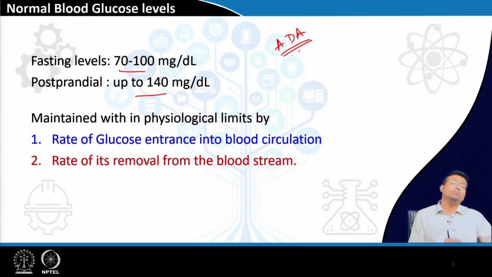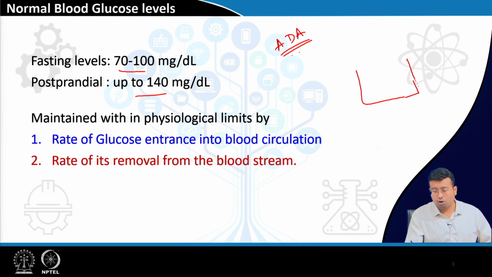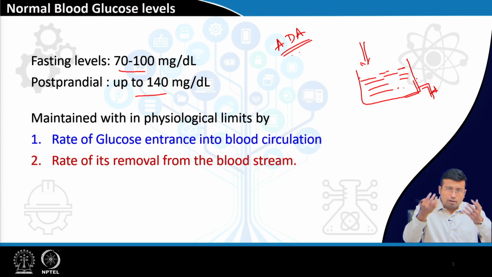So, this normal blood glucose level can be maintained by two factors. Suppose there is a jar of water, okay, and there is a tap, and we are constantly filling the jar from above. In order to maintain the water level, what will be the factors? The two factors definitely are the rate of entry into the jar and the rate of exit.